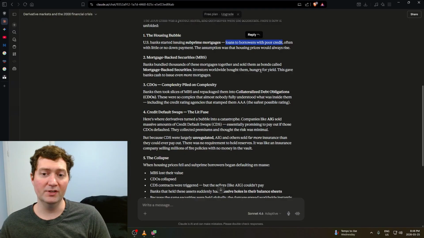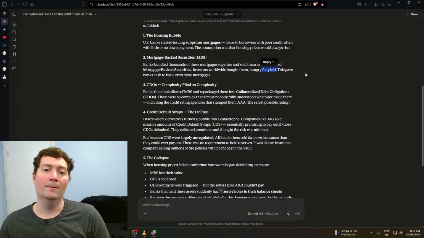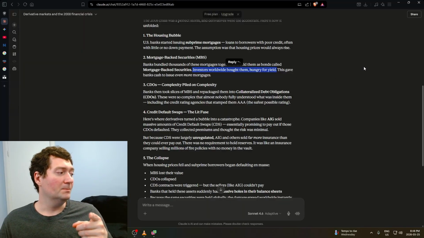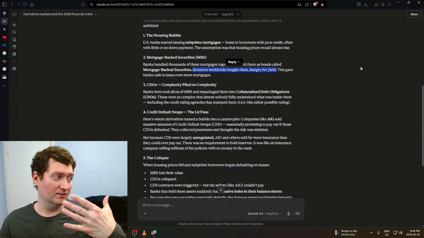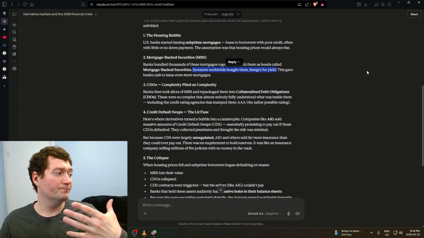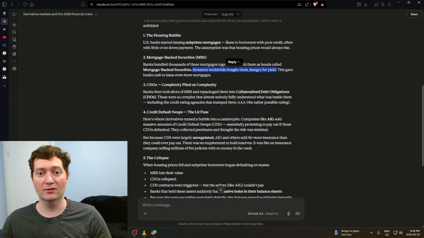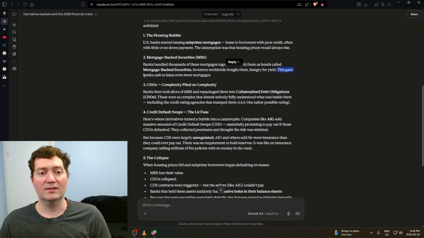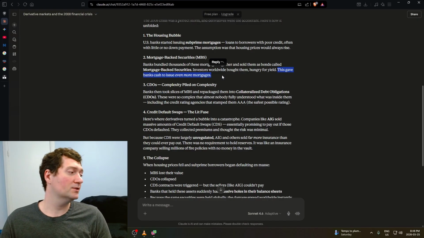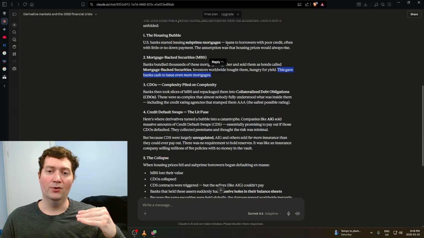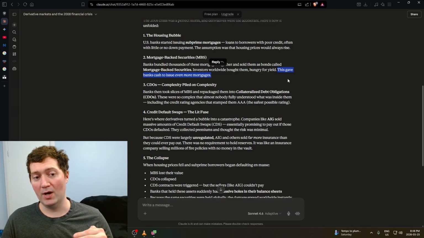The yield is better. And so investors who look at that yield will pump money into it because it looks like it's performing and bringing back more money than loans to people without poor credit. So this gave banks cash to issue more mortgages so that they could lower their standards and loan to borrowers with even poorer credit.